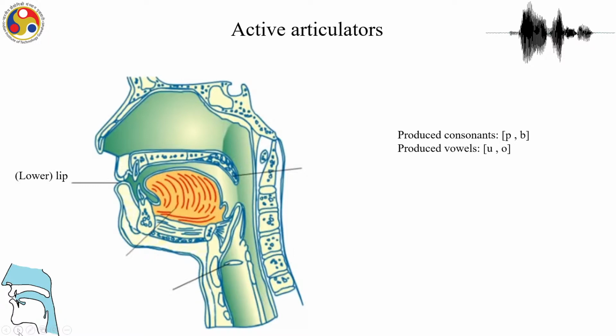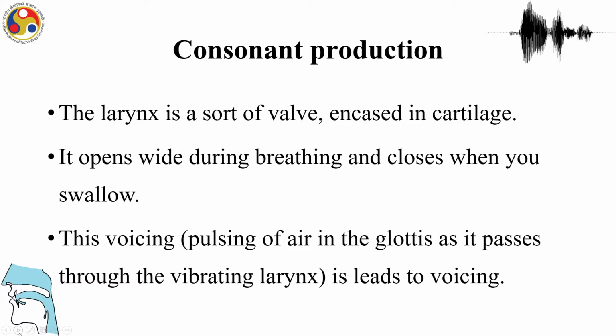Now, these are the active articulators, which are the articulators that can move in a certain direction to produce the articulation. We have the tongue, the lower lip, which can move, the uvula can move, the glottis can move, etc. We have studied quite a bit about the role of the larynx, which is like a valve. It's encased in cartilage.